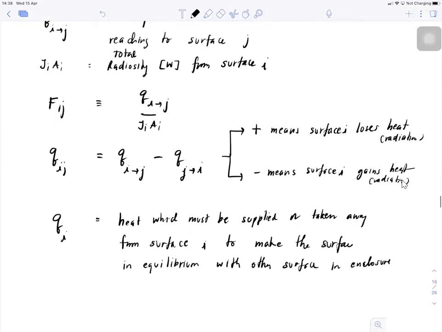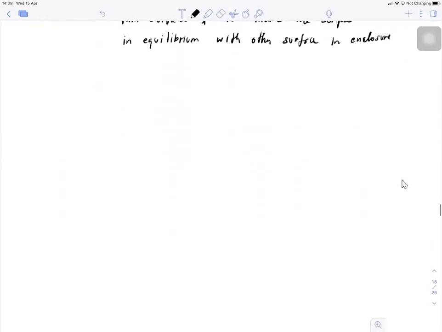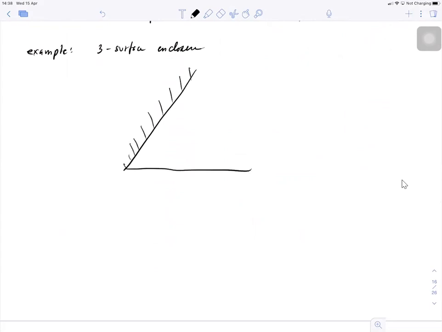Okay, so example. We talk about three surface enclosure. Okay, this is surface one, surface two actually.